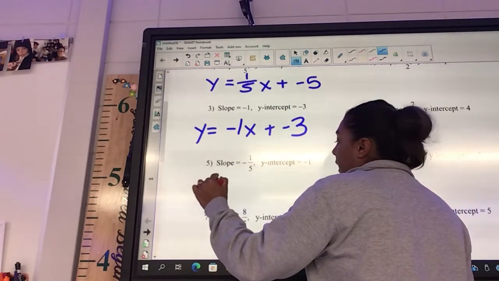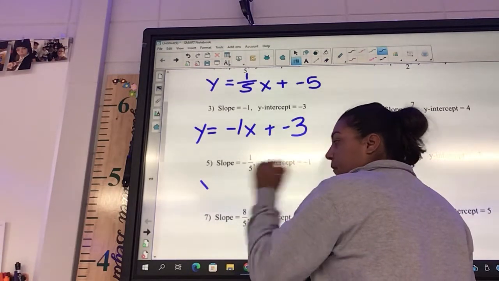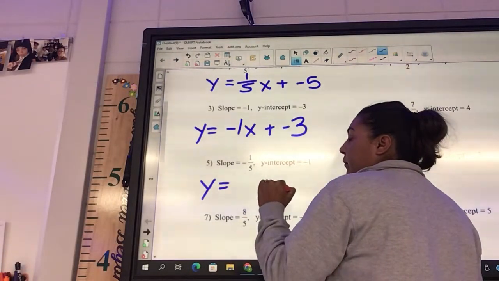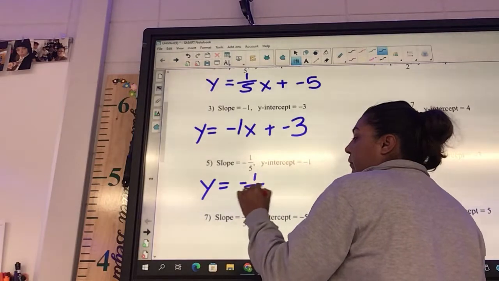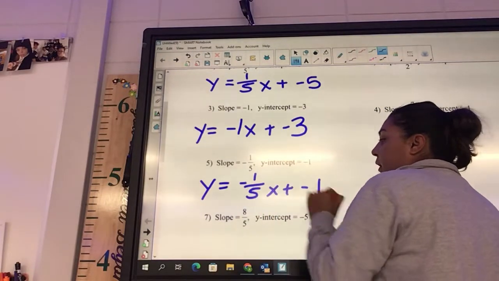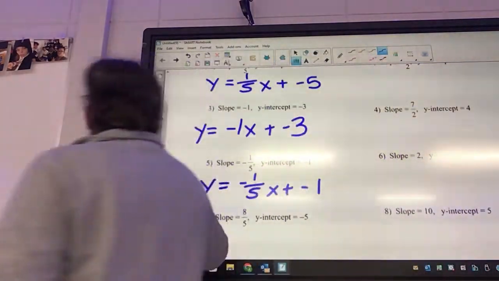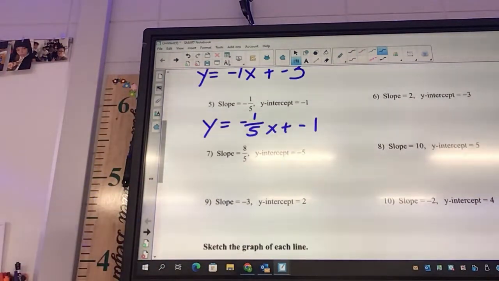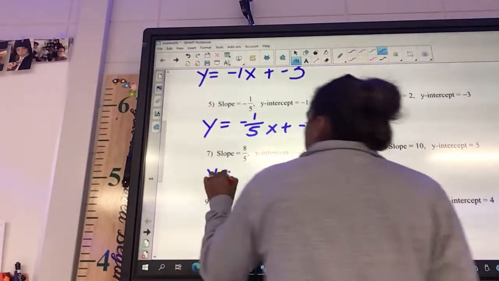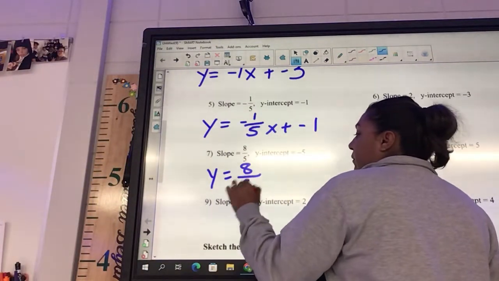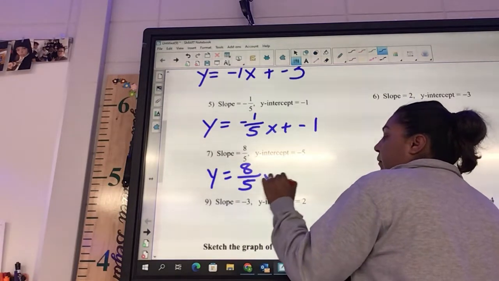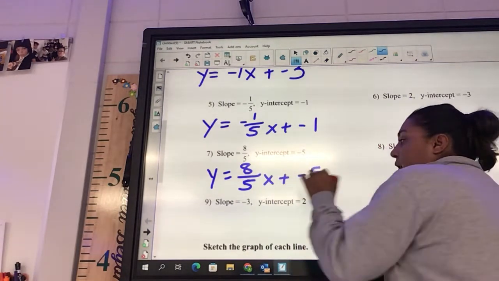Y equals negative 1 over 5x plus negative 1. Good. Jeb, what should 7 look like? Y equals 8 over 5 x plus negative 5. Good.